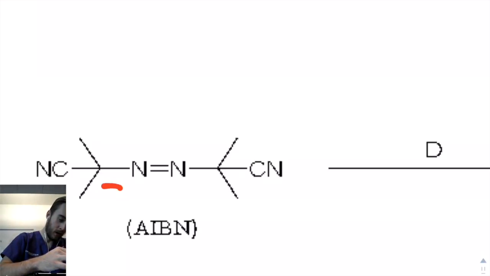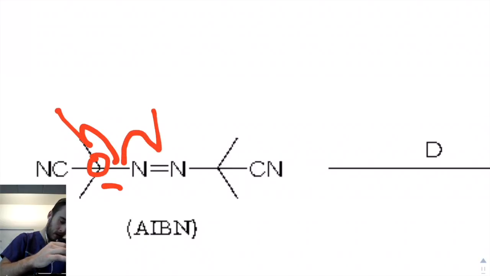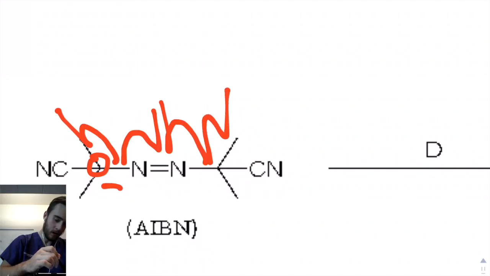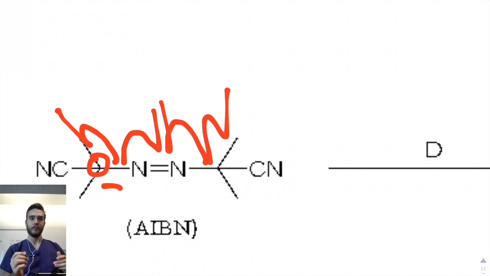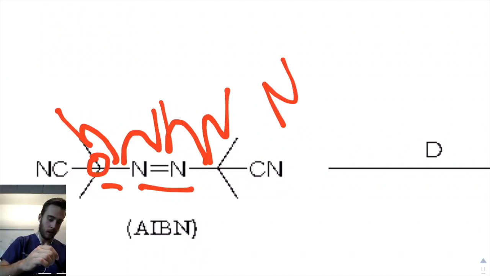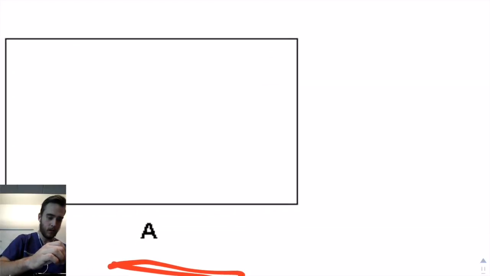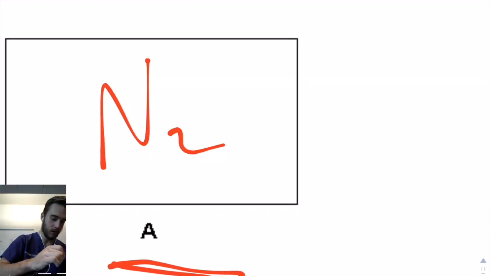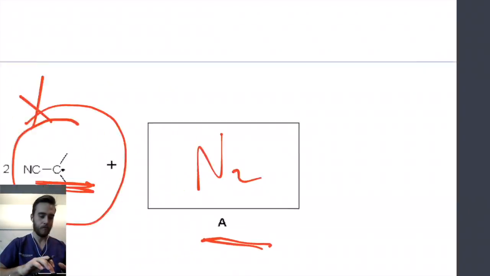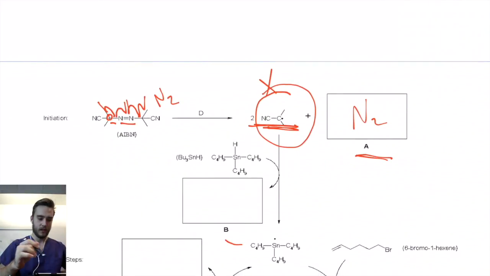So we're going to say that one electron moved to this carbon, and then one electron moved into this bond. And likewise on the other side, one electron moved into the bond and one into the carbon. And if we're adding two more electrons to this nitrogen, we're able to make N2. So that's what we're going to fill in for A, N2. We just made a nitrogen molecule, and that was it.